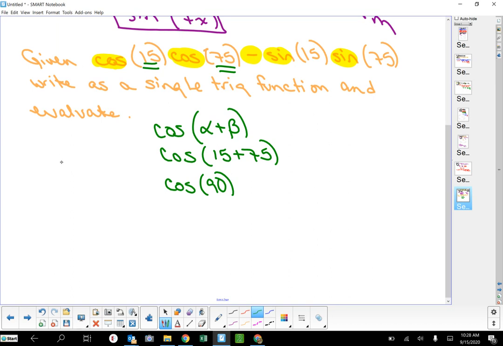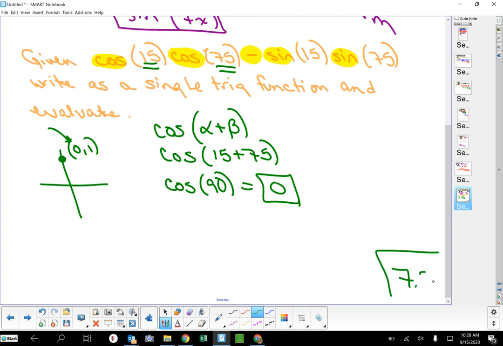And you guys should remember that that's a quadrant angle. Right here, the ordered pair is 0, 1. Cosine is the x value. And so cosine of 90 equals 0. And that is what that would evaluate to, and you would answer. Okay? So that's the end of 7.2. Hopefully that goes okay. These aren't terribly difficult. Don't overthink them. They're not terrifically hard.